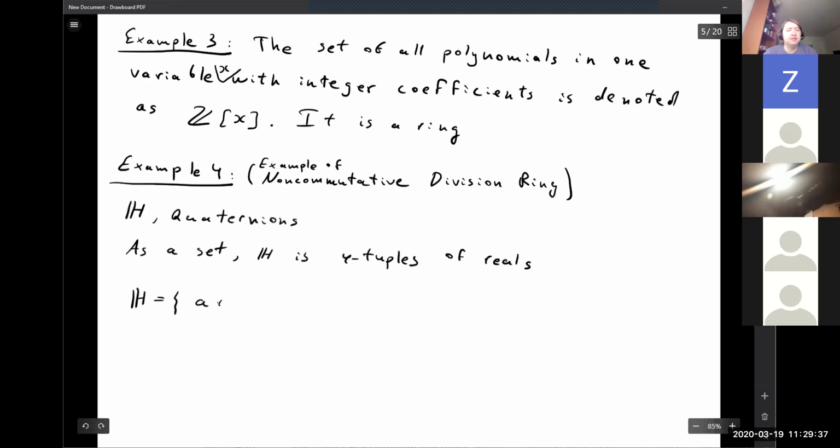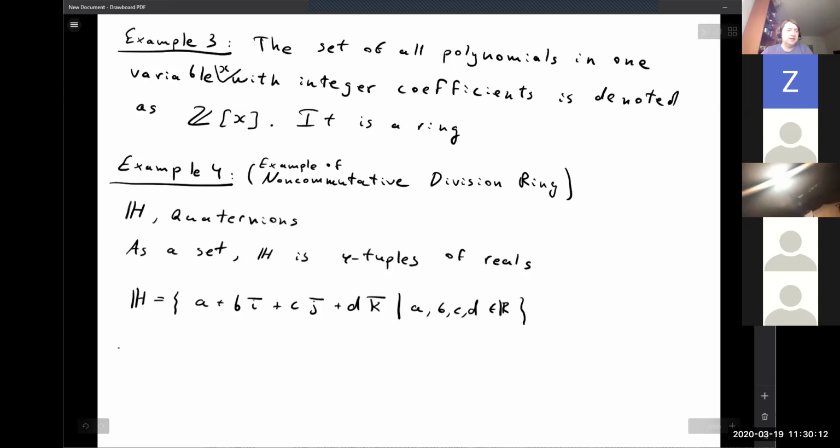They will be written in the following form. Likewise, complex numbers are pairs of real numbers, which are written as a plus bi. Now we will have 4 real numbers, and we will write them as a plus bi plus cj plus dk. So far this is just a way to write four real numbers a, b, c, d, all reals.